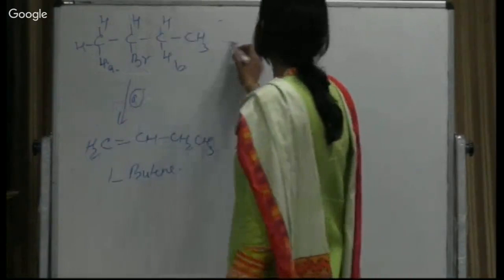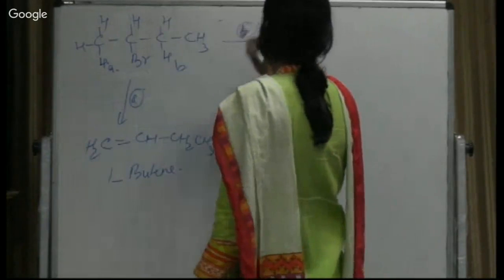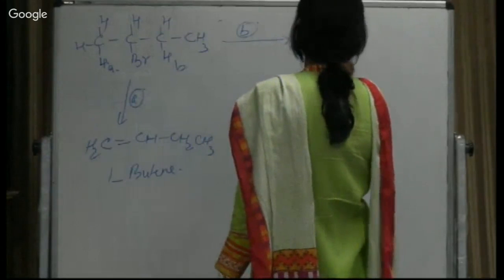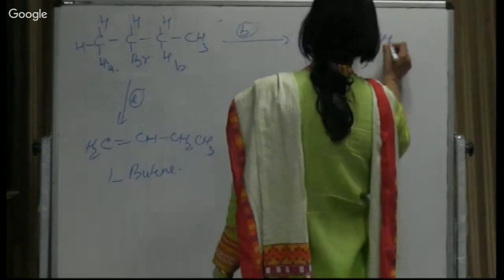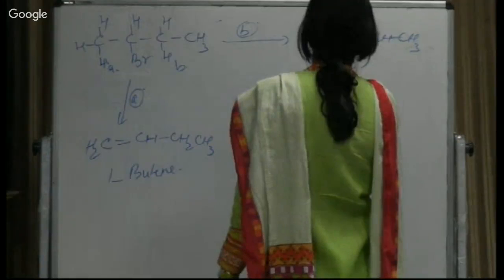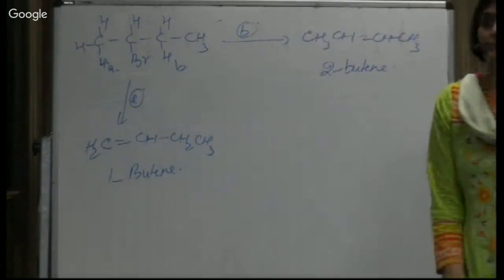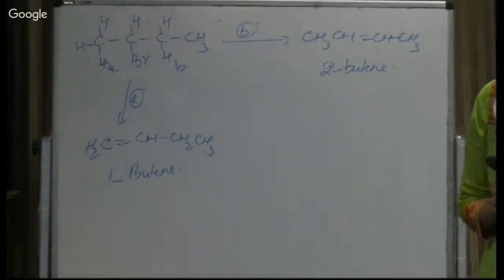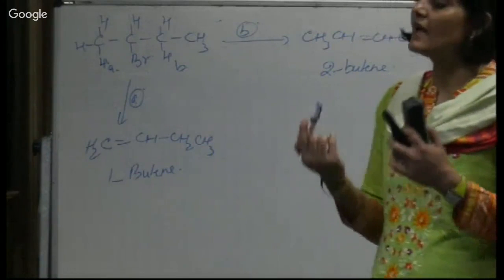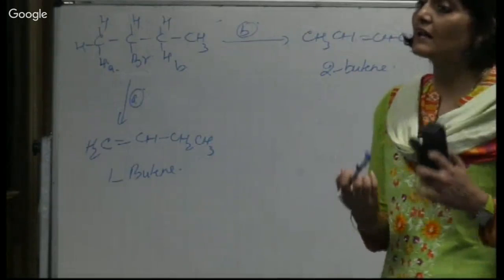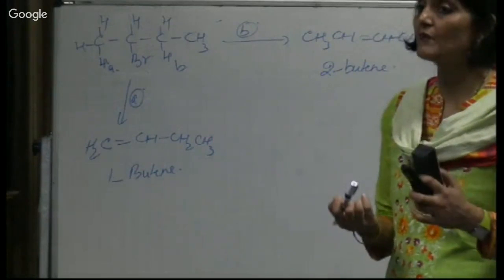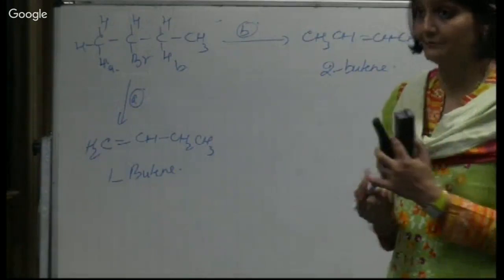And when B is lost, the product formed will be 2 butene. So which is the major product? The elimination reaction of alkyl halides follow what we call the Saytzeff's rule.